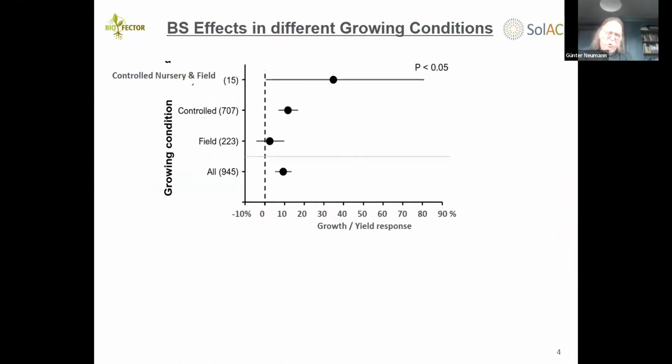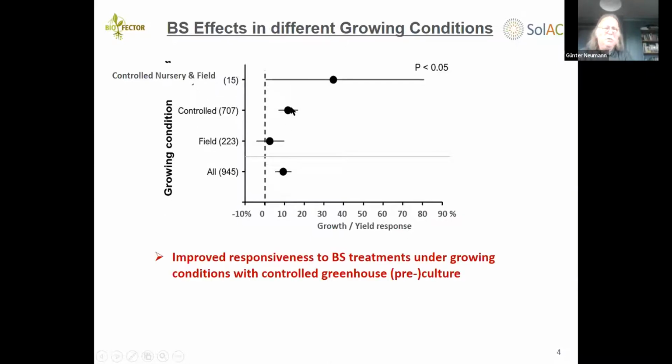And this was confirmed further by looking at the different growing conditions employed during the projects, where we see the 10% yield or growth increase over all crops, but the lowest effect under field conditions, and then under greenhouse conditions, or at least in tomato plants grown in open field, but with a nursery phase under controlled conditions.